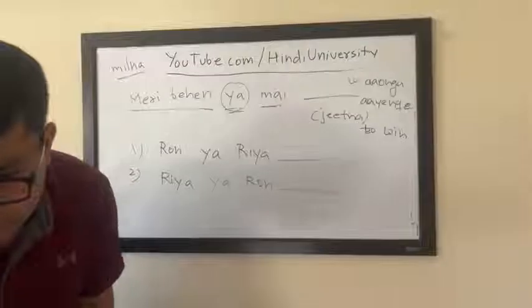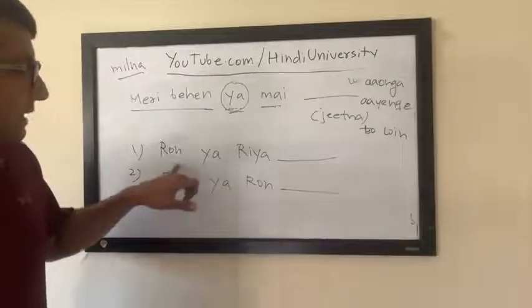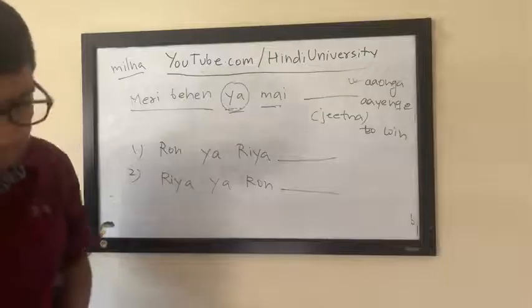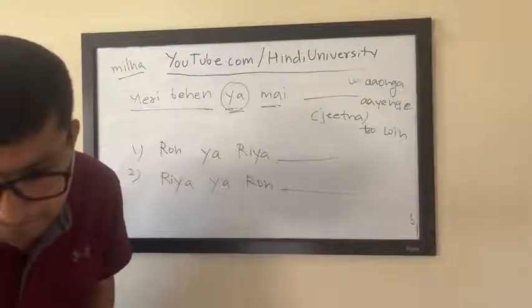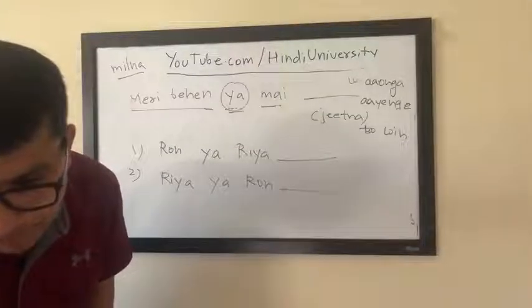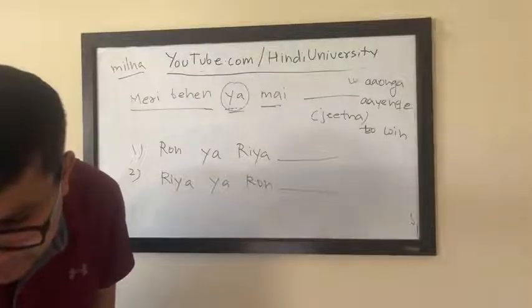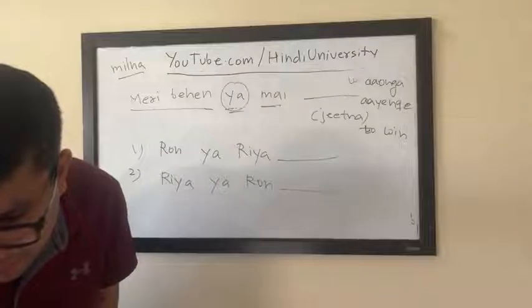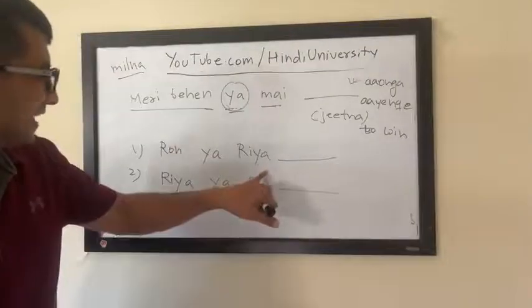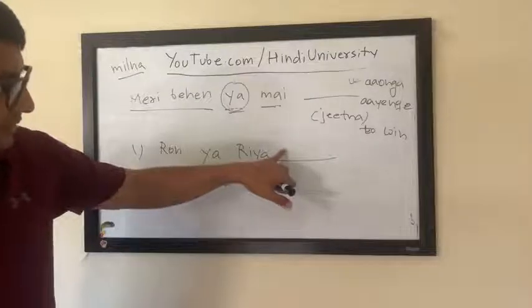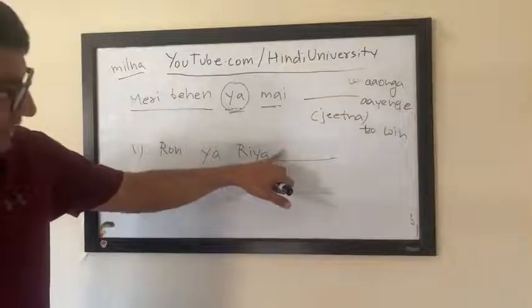Someone who's not tried before, someone I didn't get a chance to talk to. Risha ji, do you want to tell us what this is? Ron या Rita will win. Risha ji and Tisina ji, I think I didn't get a chance to talk to you so far, so I'm going to ask you. Ron या Rita? Yeah, very good.